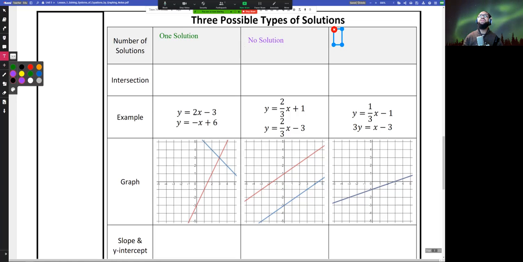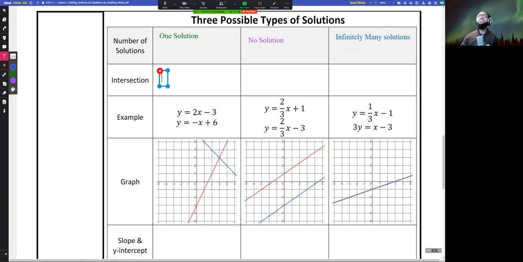All right, and I'll make that one blue. Okay, now the way we figure this out is based in the way these things intersect. All right, how many times these things cross.